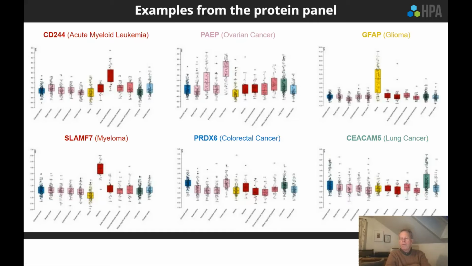You have a very nice elevation of GFAP in the glioma patients. And on the bottom row, you can see SLAMF7 in myeloma, and elevation of PRDX in colorectal cancer, and so on.